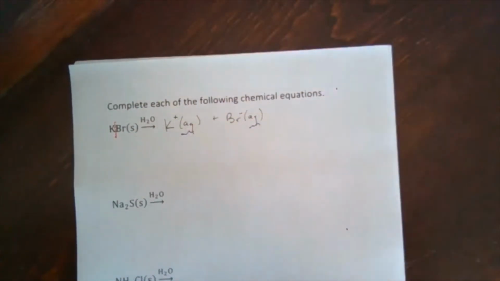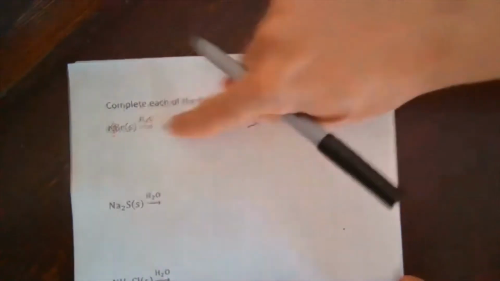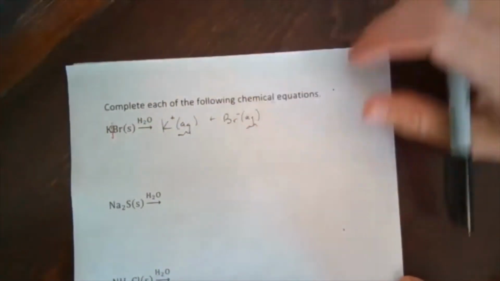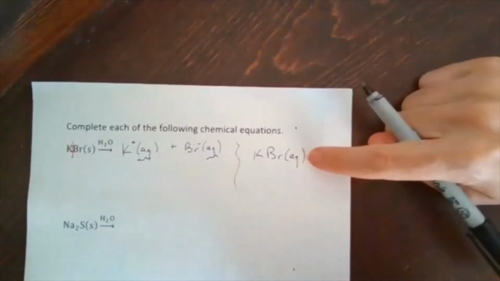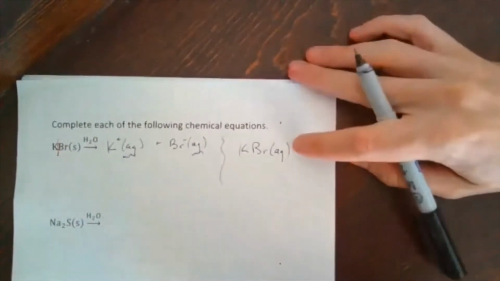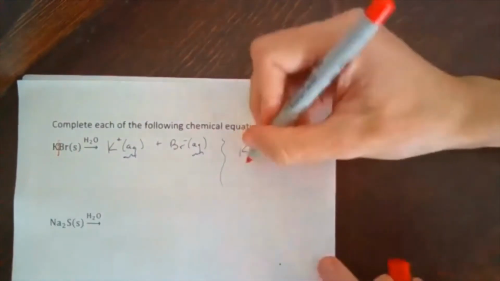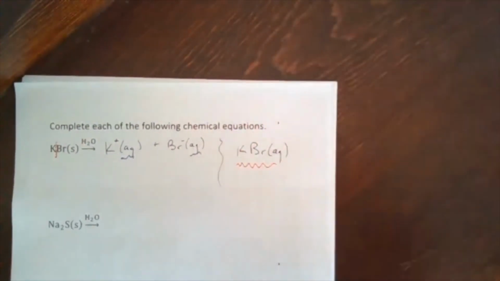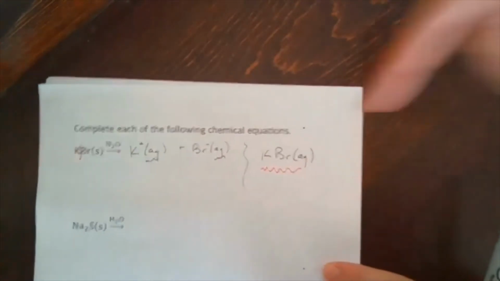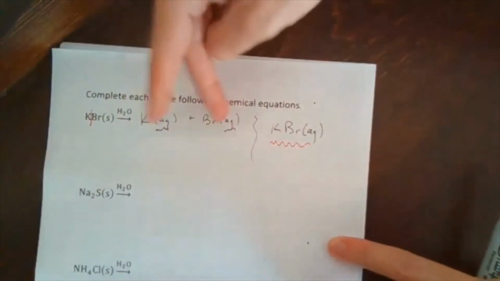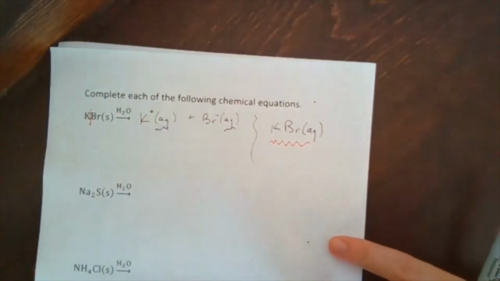So when potassium bromide dissolves, it's potassium ions and bromide ions. It is worth noting that oftentimes when we write this, we would still say KBr(aq). So we're going to talk about these salts as being dissolved. The one thing we want to remember is that when we write that we have a dissolved salt, it really is two independent ions floating around in solution.